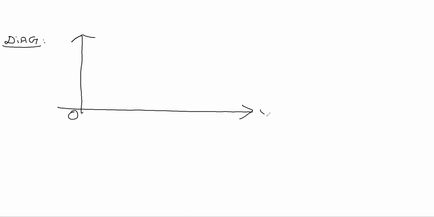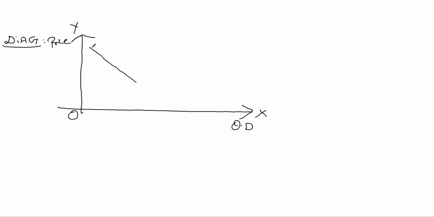Okay, moving forward, if I plot it, how will it look diagrammatically? So this is the origin, x-axis, y-axis. This is quantity demanded. This is price.